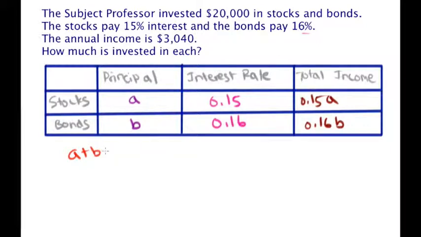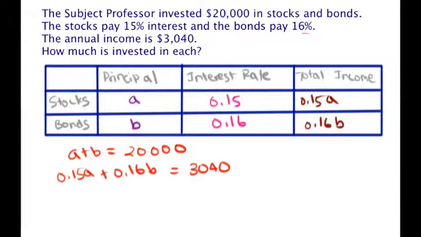So A plus B is equal to 20,000. And we know that the total income for all of it is $3,040. And the total income for stocks is 0.15A and for bonds 0.16B. So 0.15A plus 0.16B is equal to 3040.